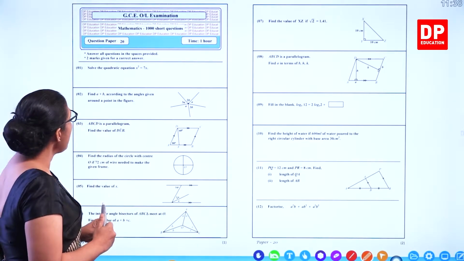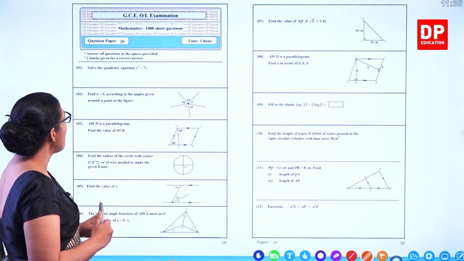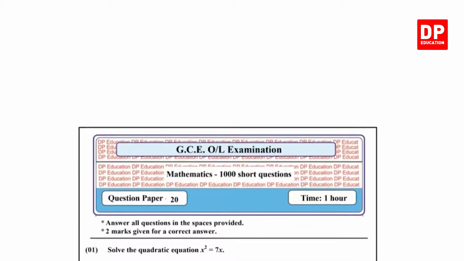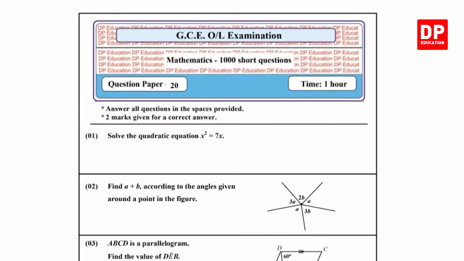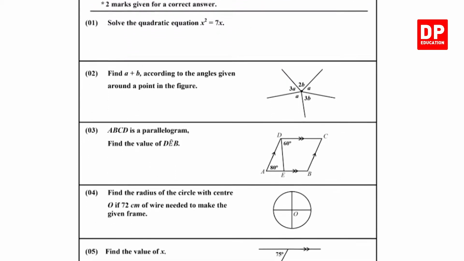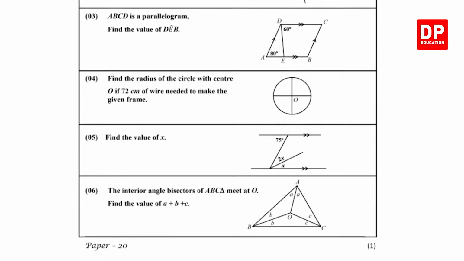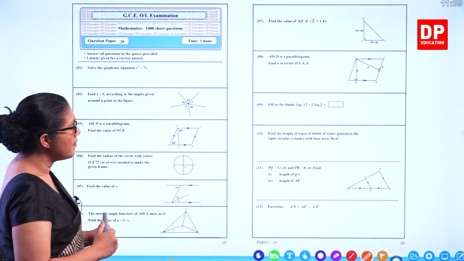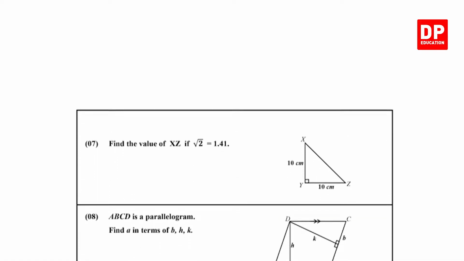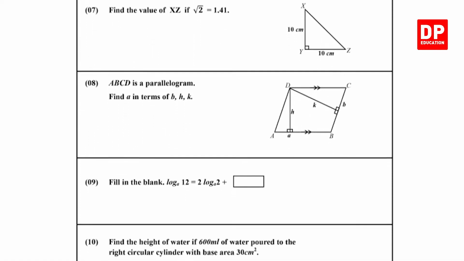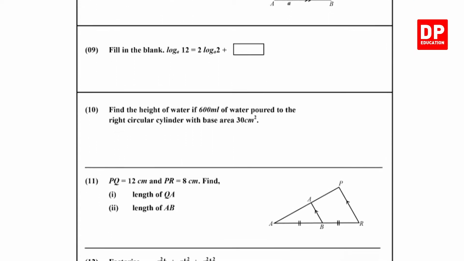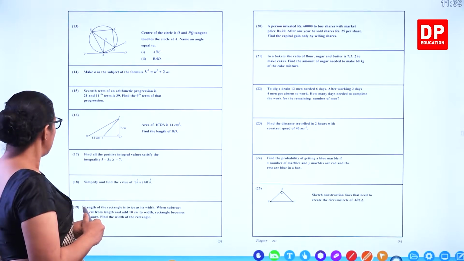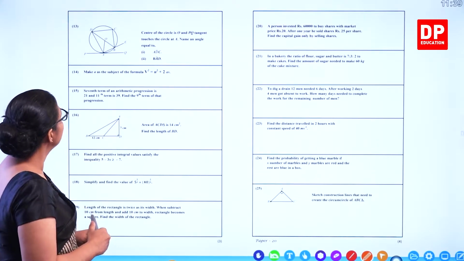In the first page, you get question number 1 to 6. Page number 2, you get questions from 7 to 12. Third page, you get 13 to 19.